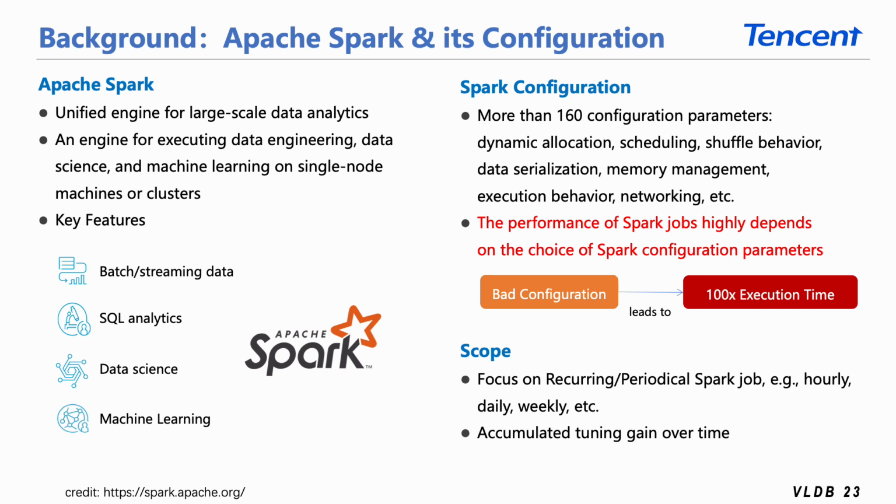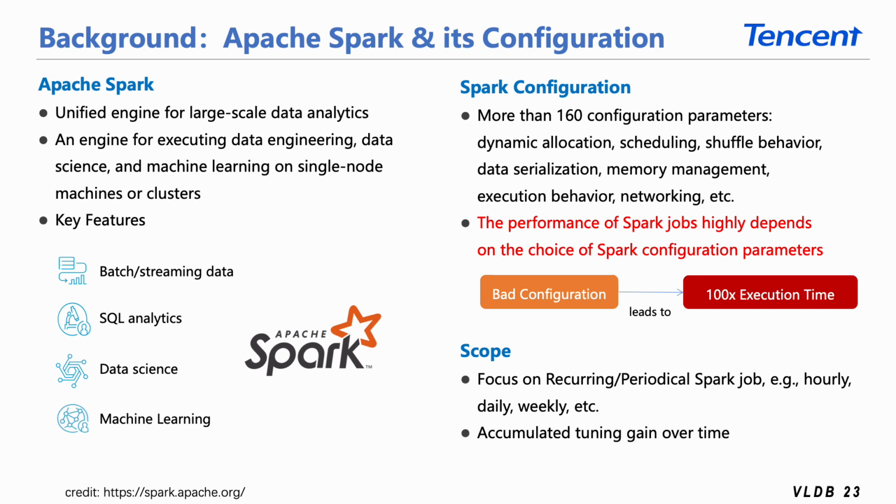For instance, an improper configuration may lead to over 100 times the execution time compared with a well-designed one. Therefore, it's crucial to choose proper configurations to achieve high performance.